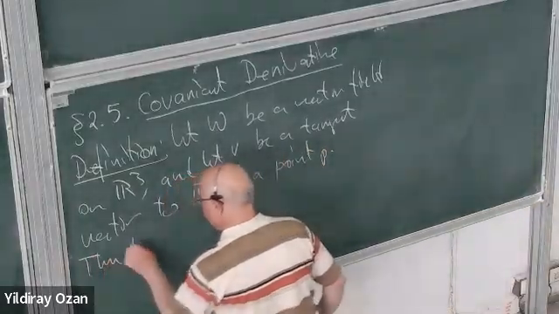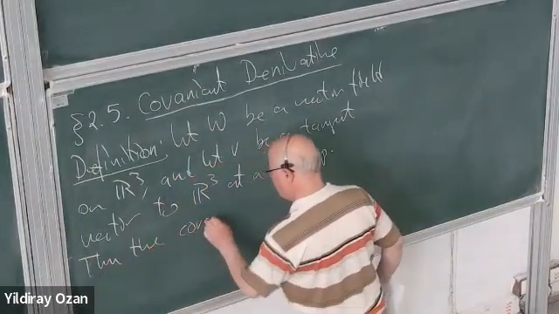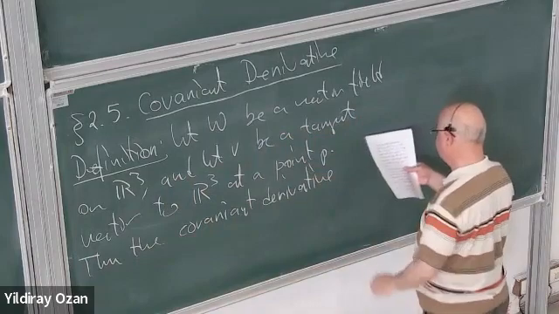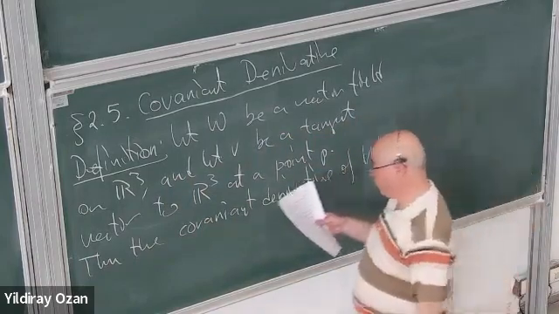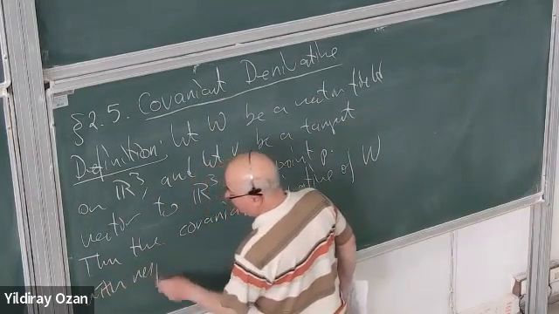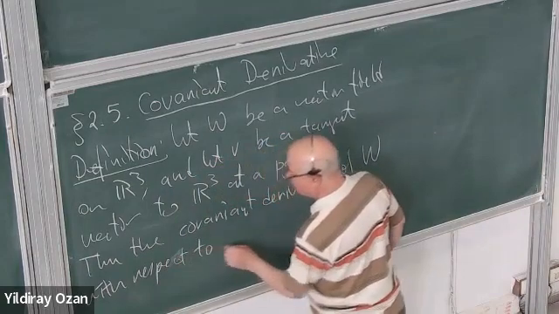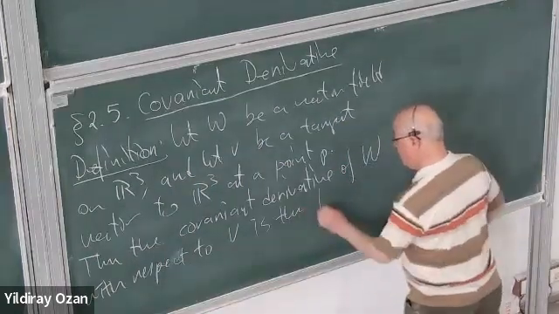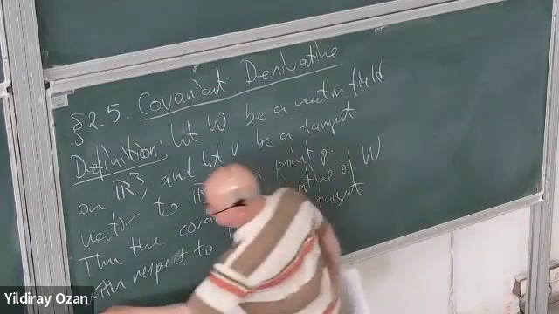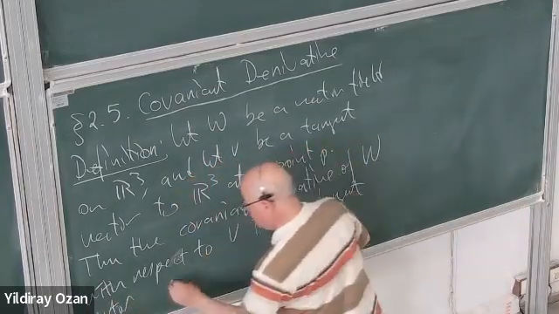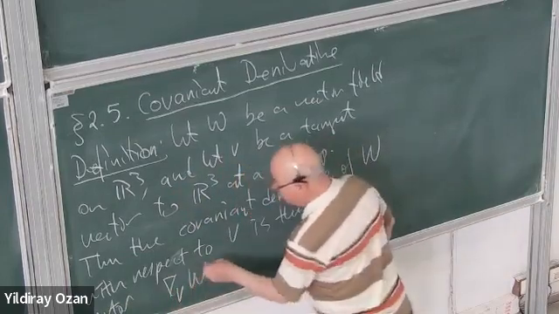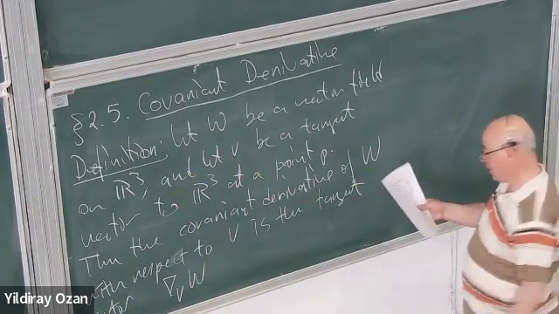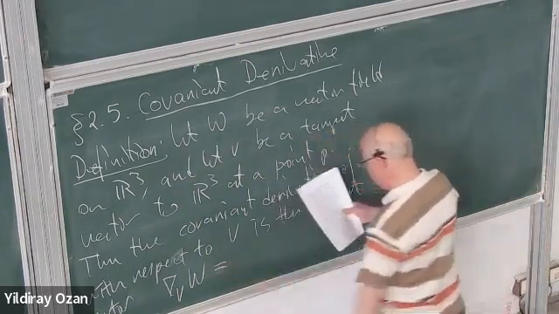Then the covariant derivative of W with respect to V is the tangent vector, with the notation ∇_V W, defined as follows.